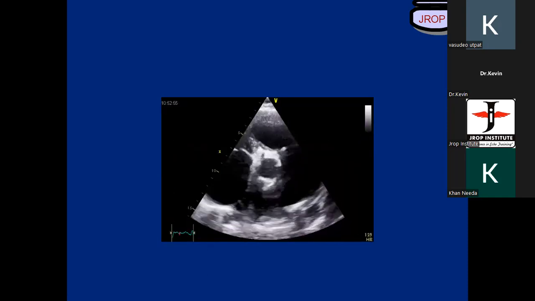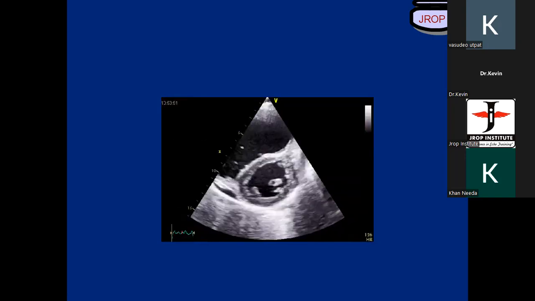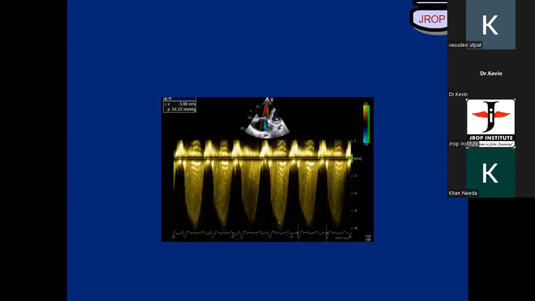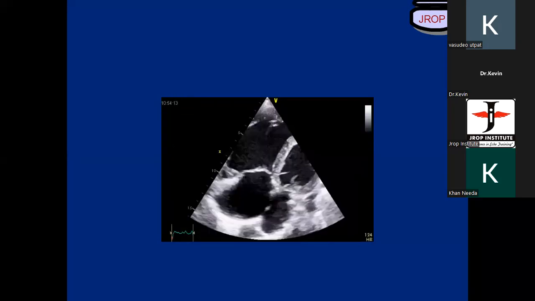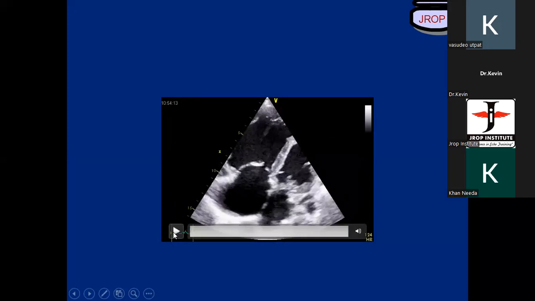Same patient, if we go to the subcostal 4-chamber view, which I'm going to come to gradually. Here is the subcostal window of the same patient. Look, it's very difficult to see the atrial septal defect, right? Yes, sir.